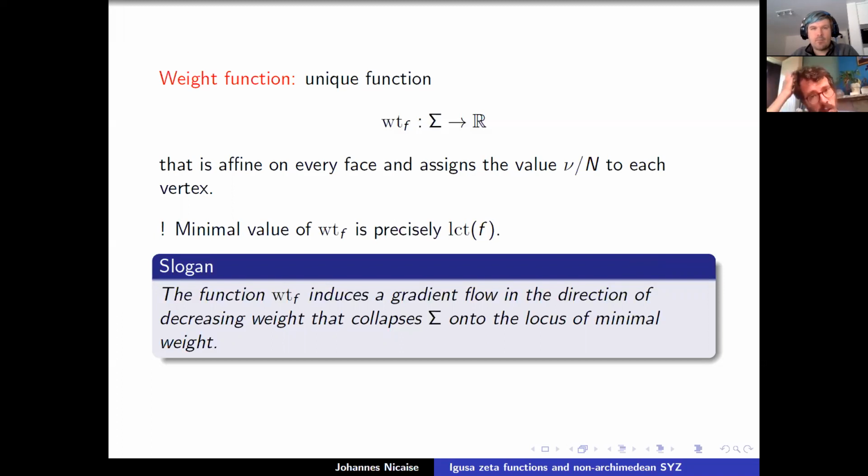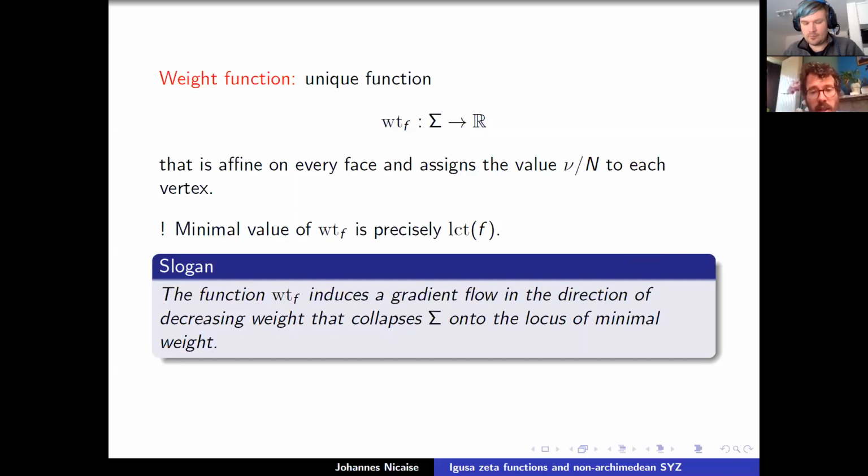I will explain in a little bit where this idea comes from, why we were led to propose such a slogan in the first place. But now let's see what we can do if we actually take this seriously. Is this slogan literally true, or is this just an idea? At this point, it's just an idea.